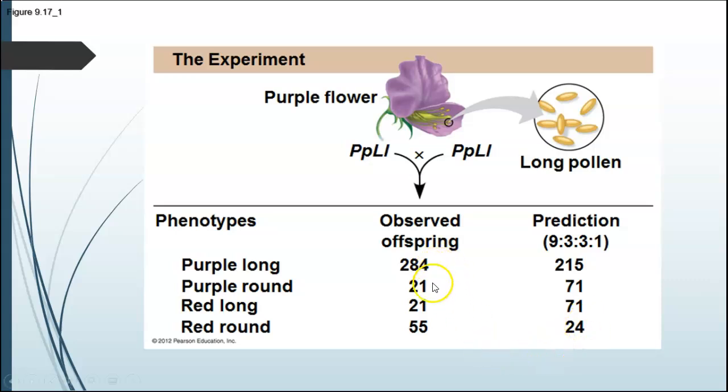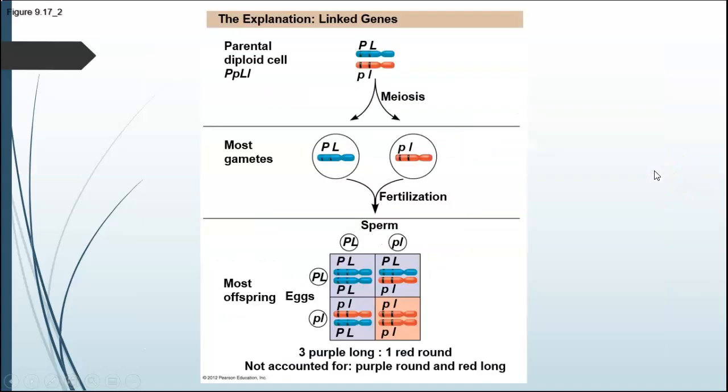But what they found was something really different. Most of the offspring, the vast majority, were like the two parents. They had either purple flowers and long pollen, or they had red flowers and round pollen. And there were a few that had the non-parental combinations, and so that can be used to figure out how far apart they are.